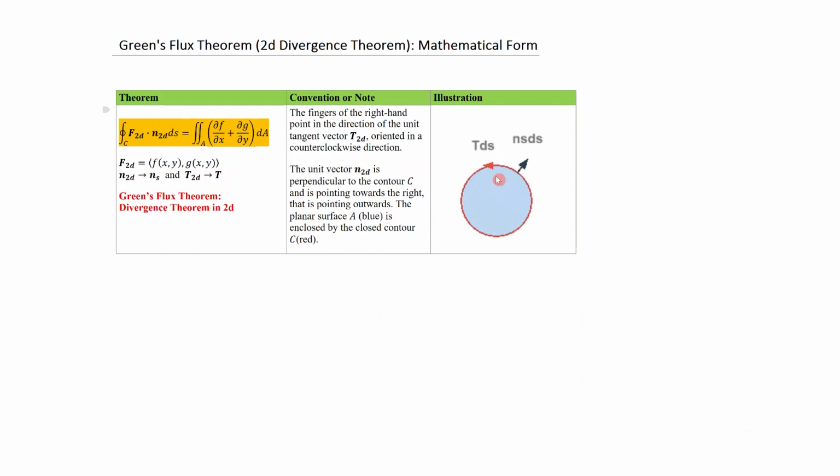In this case, we're taking the field vector at each point on this closed contour, dot producting it with the normal to the contour at that point, and then integrating over the closed contour. That's equivalent to taking the partial of the x component of the vector field plus the partial of the y component of the vector field, giving this scalar function, and integrating over this whole area which is bound by the closed contour, and these two are essentially equivalent to each other. Again, this is Green's flux theorem, which is equivalent to the divergence theorem in 2D.